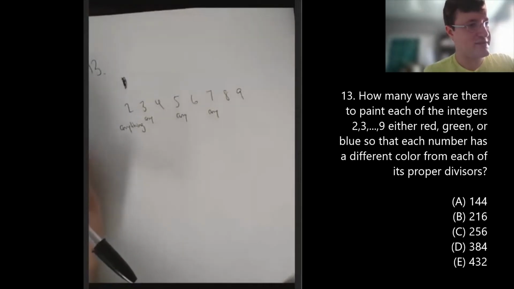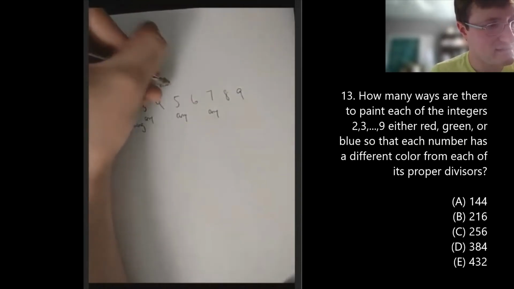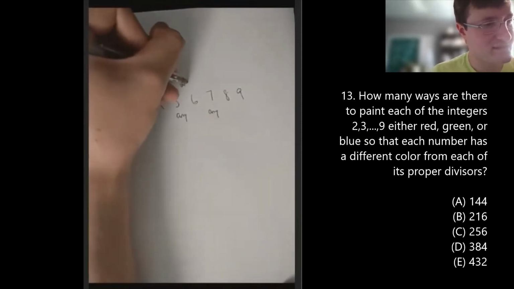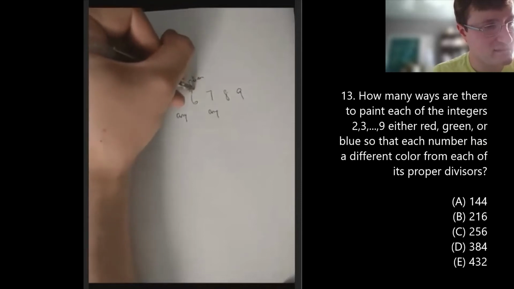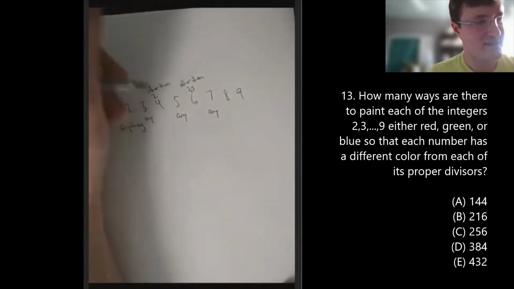Now 4 just has to be something other than what 2 is. 6 has to be something other than 2 and 3. And 8 has to be something other than 2 and 4.